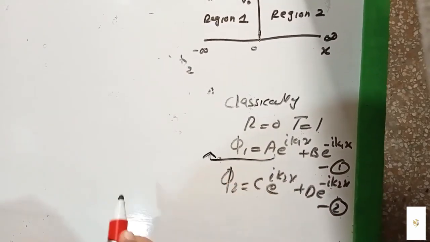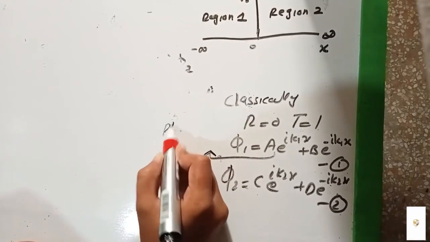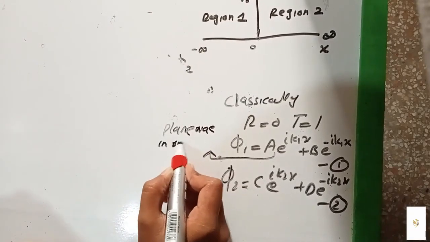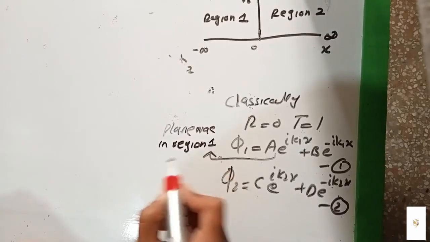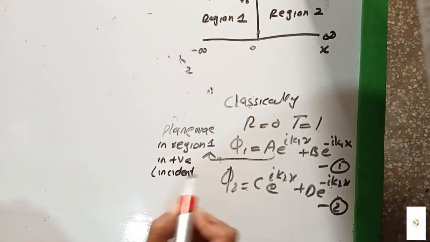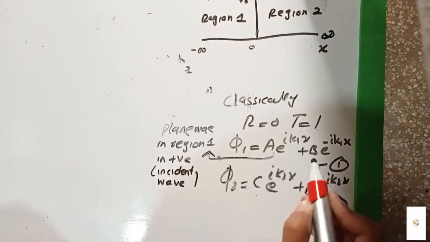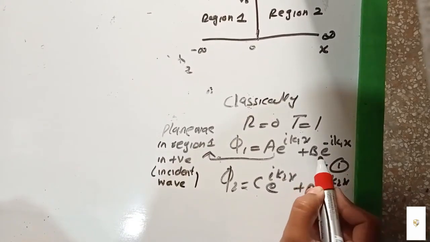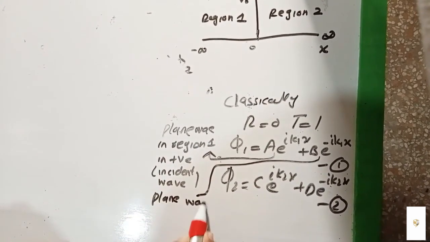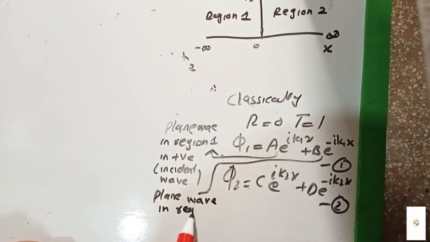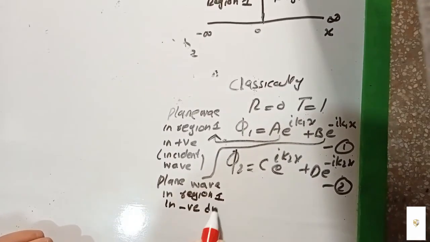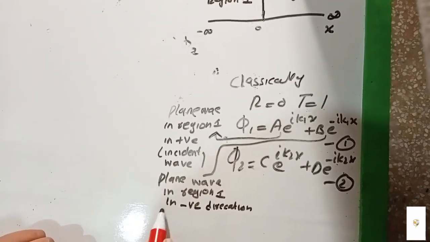This term is the plane wave in region 1 in the positive direction, which is the incident wave. This term is the plane wave in region 1 in the negative direction, so it is reflected.